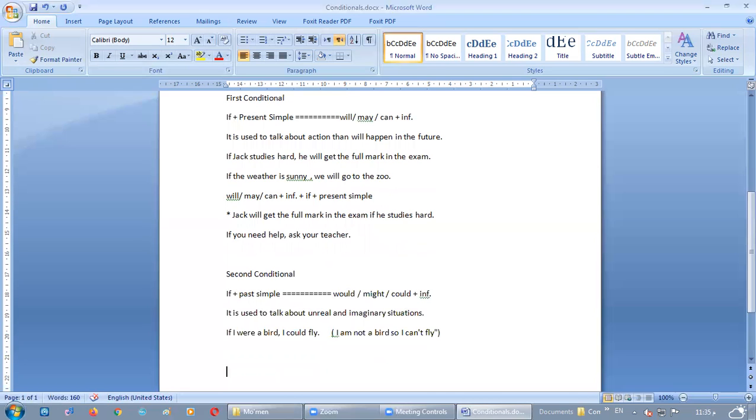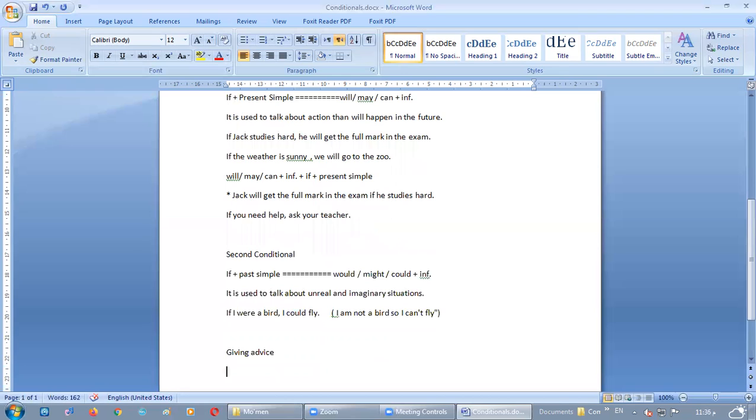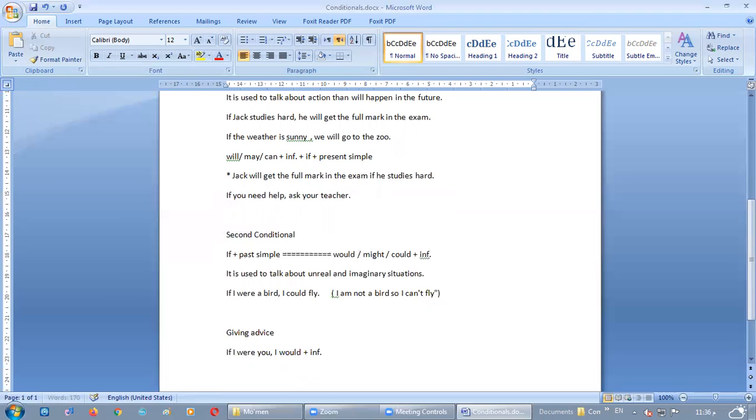I can use the second conditional to give advice. Giving advice. Say, for example, I can use this expression: if I were you, I would plus infinitive.